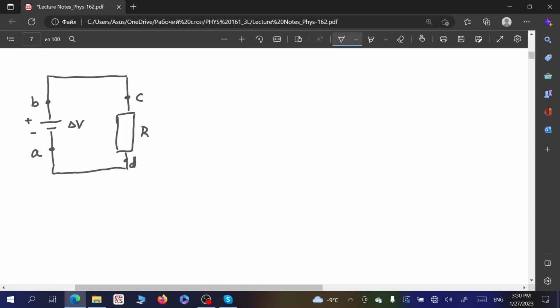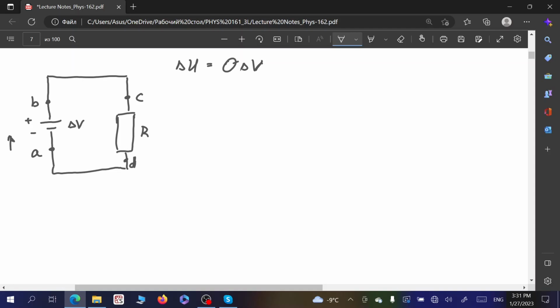So what happens with electric charge when it moves through points A and B in this direction? There is some work done on electric charges inside the conductor, and this work will be equal to the change of its potential energy, which is Q, the magnitude of electric charge, times the potential difference between these two points.